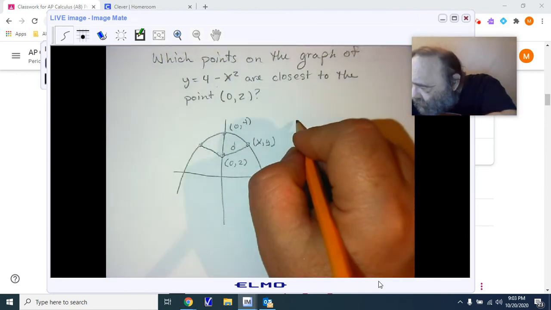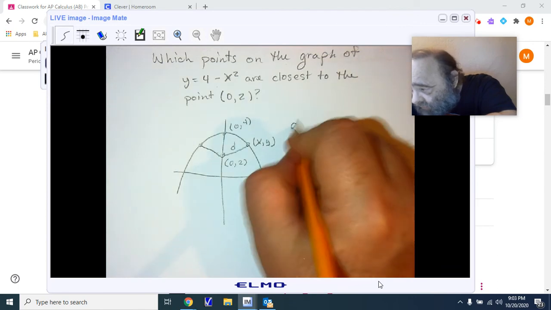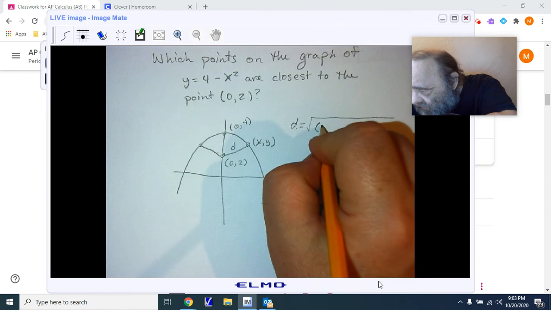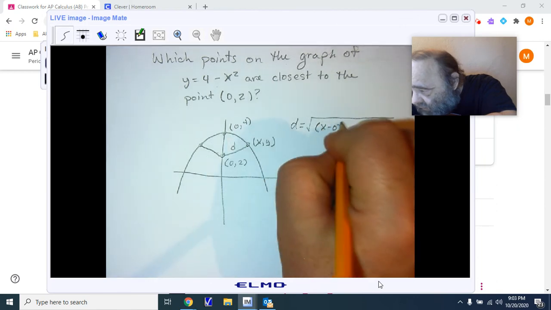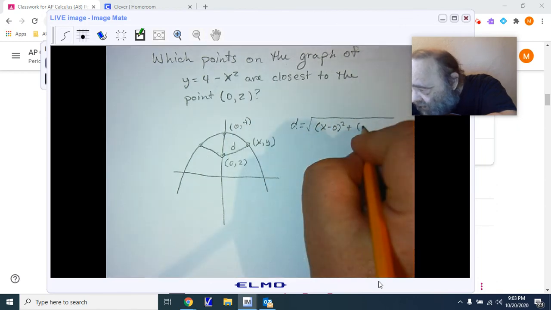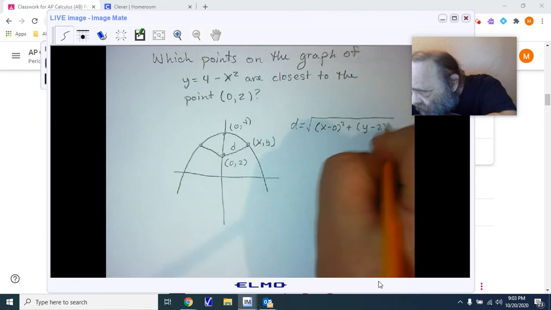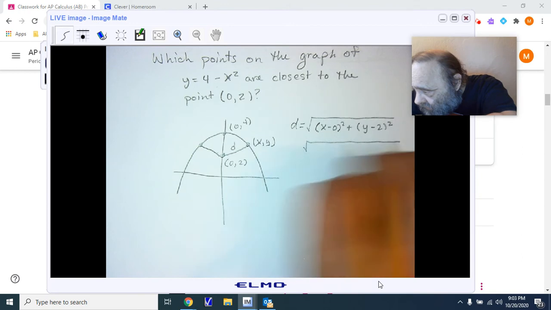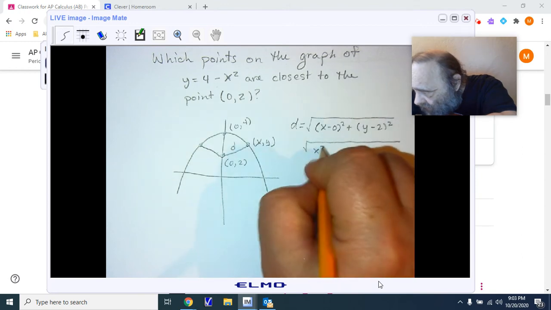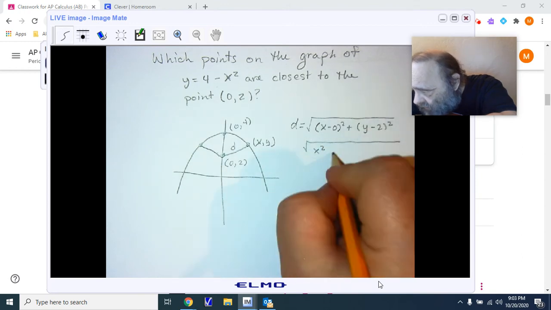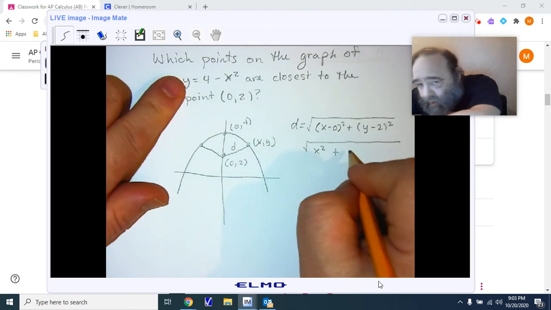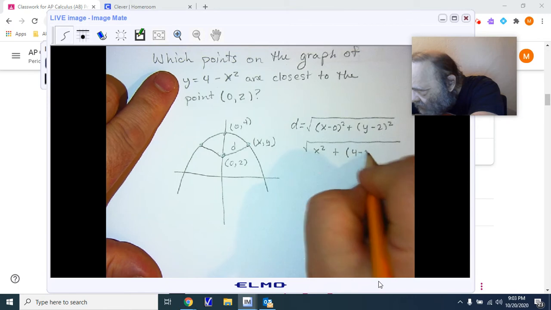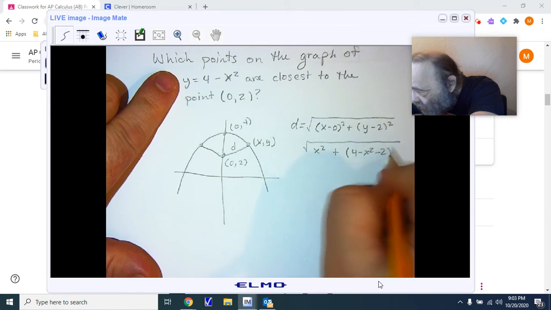All right, so here we go. I have my distance formula. The distance formula is the difference between the x's squared plus the difference between the y's squared. Now, when we simplify this, I'm going to get down to x squared in two variables, so I'm going to replace it with the known y value. 4 minus x squared minus 2, the quantity squared.